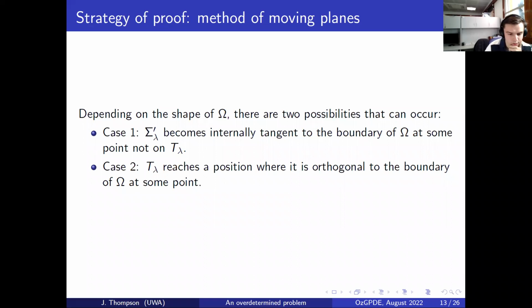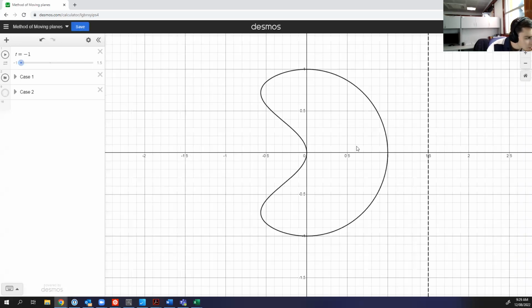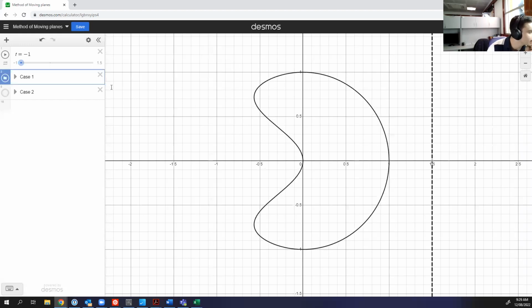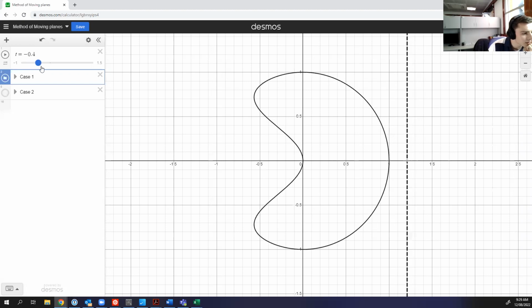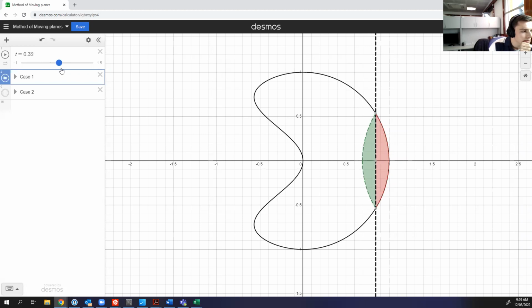So to illustrate these two cases, I have a bit of an animation. This is just in Desmos Online. So a shape like this is in case 1. I have my moving plane here, which I slide from right to left. And at some point, it intersects omega.